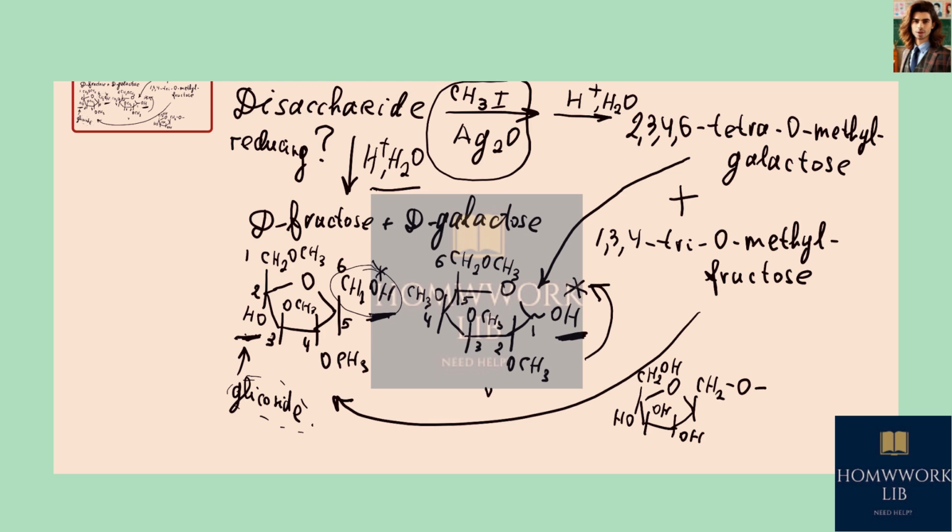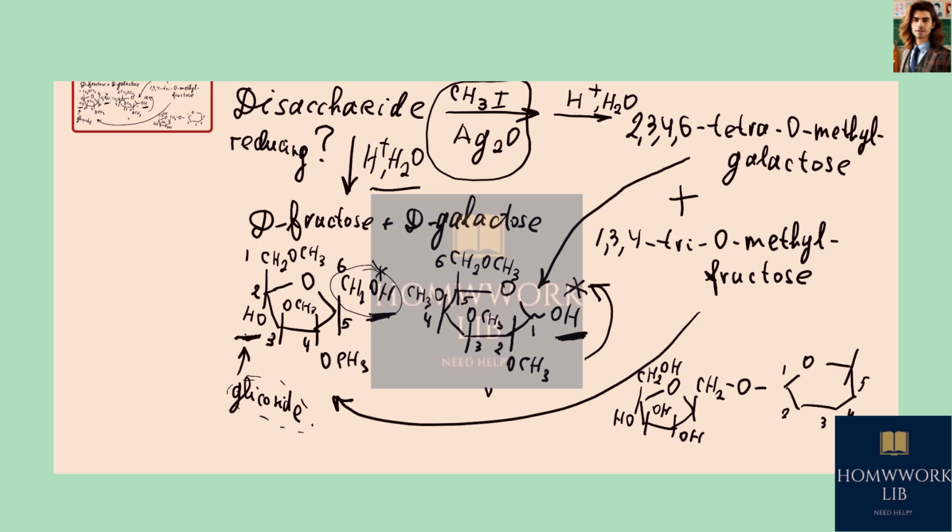It would be carbon 1, 2, 3, 4, 5. And all substituents are flipped.